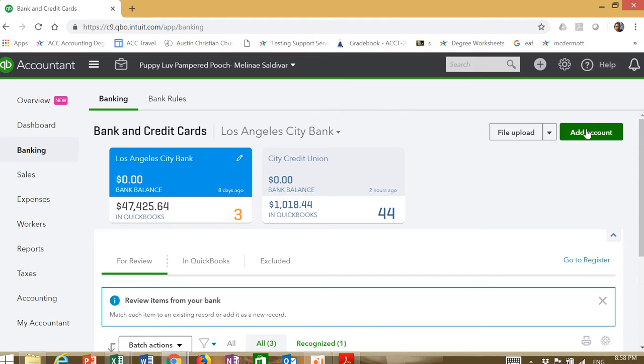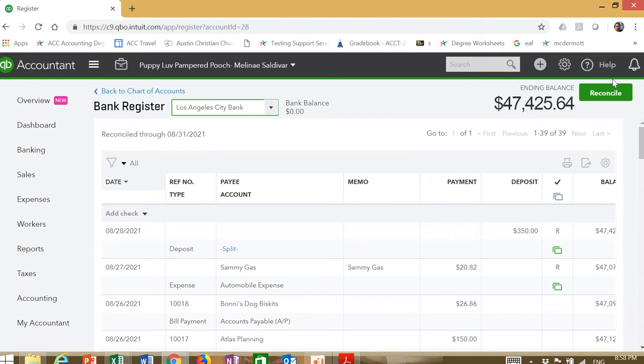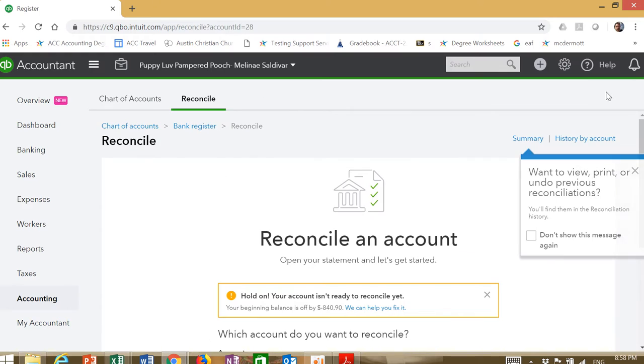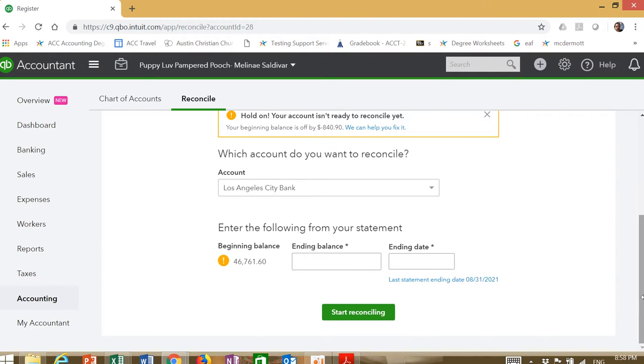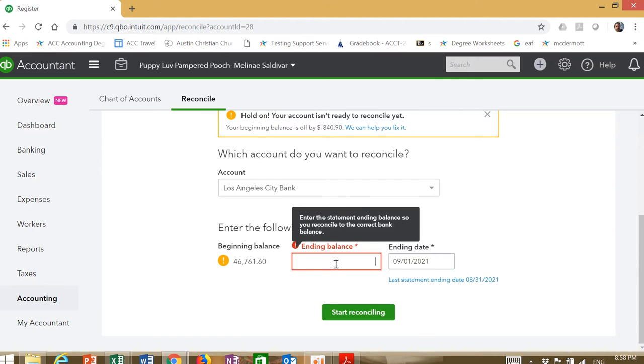So let's see. We'll go back to the register. We'll do reconcile. But we're going to reconcile a. Let's try the ending date of 01/01/2021 and the ending balance.